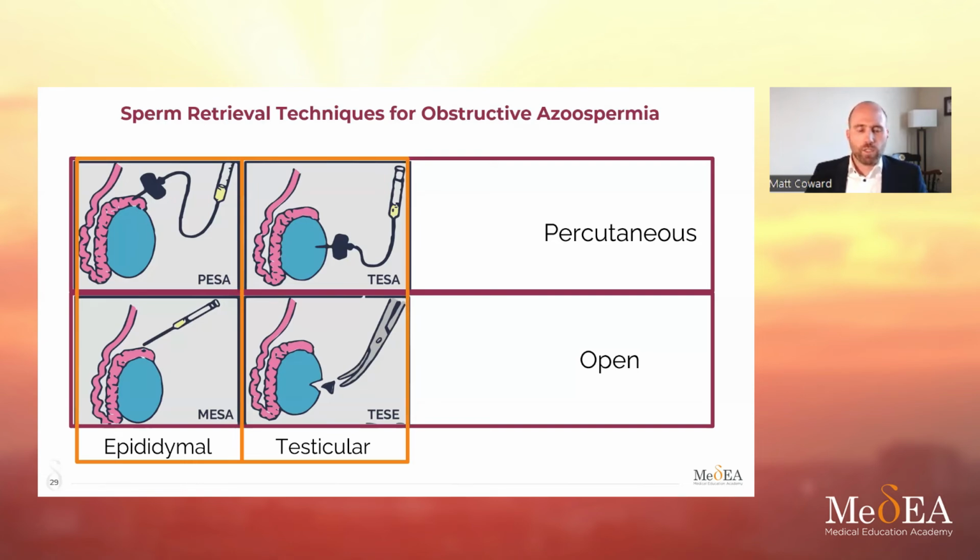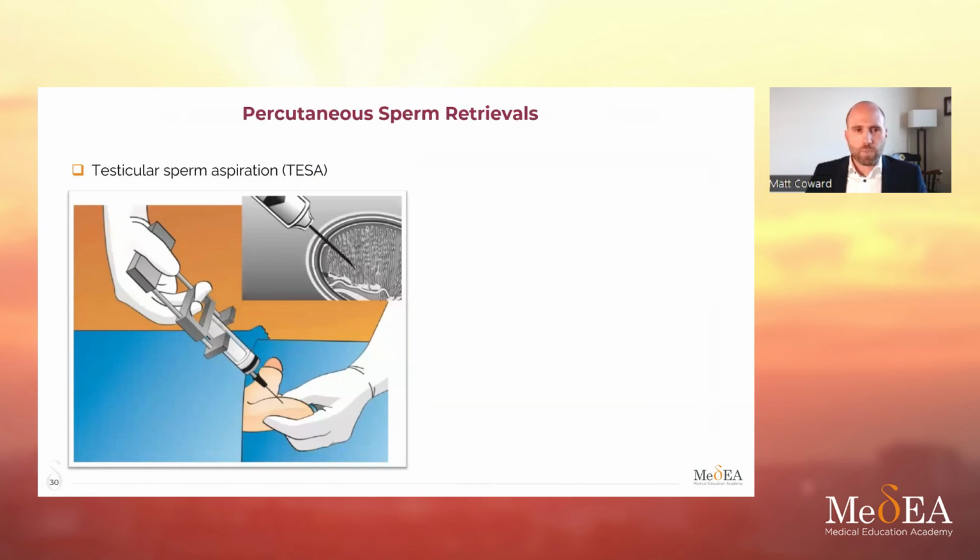That decision is a bit more complex because we're thinking about the etiology, the location of the obstruction, the experience of the surgeon, as well as the lab's preferences for working with testicular versus epididymal sperm. In a classic obstructive azoospermia scenario, such as elective vasectomy, you could do any of these. Any of these are going to be effective for a patient with a vasectomy.